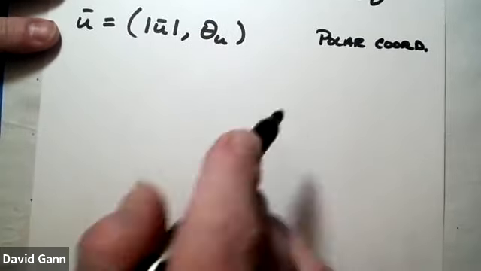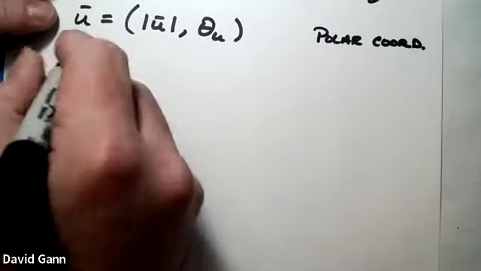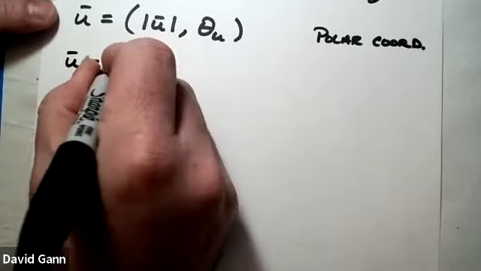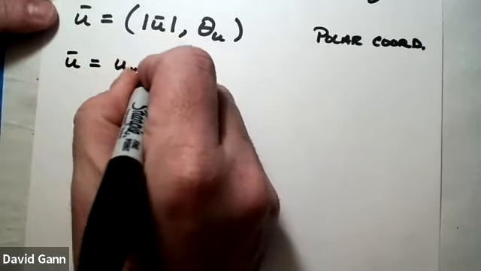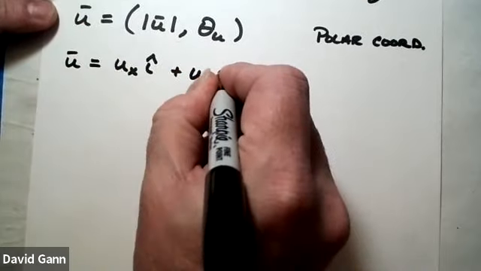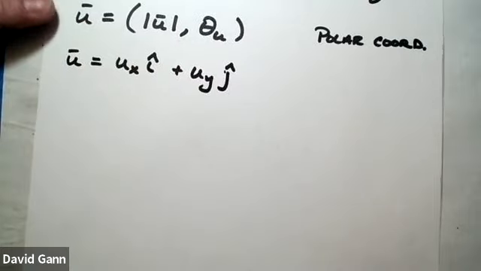So here's the polar representation, polar coordinates. If you want to do this with components, it's u sub x times i hat plus u sub y times j hat. This is one way to represent this.